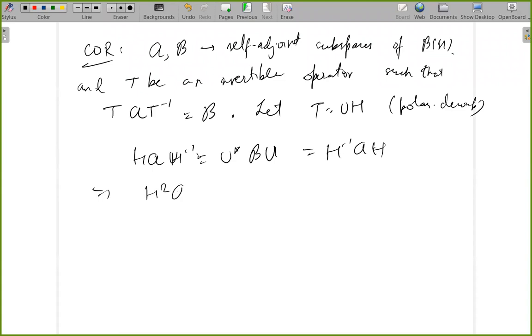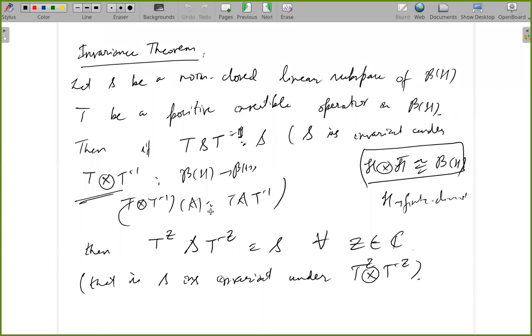So what it is saying is H squared, this is A. If I use the theorem now, H is positive, A is just some subspace. I needed self-adjointness at this step in order to show this equality, because I'll take conjugates and I want to ensure that they're still equal. Once I have this, the previous theorem will tell me that I can take any power.